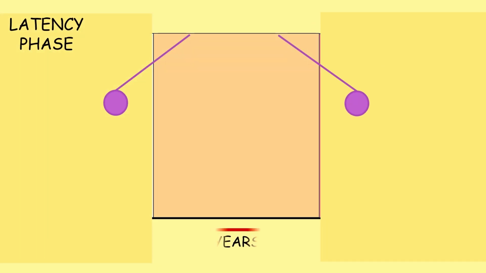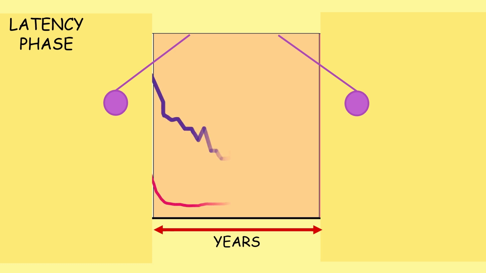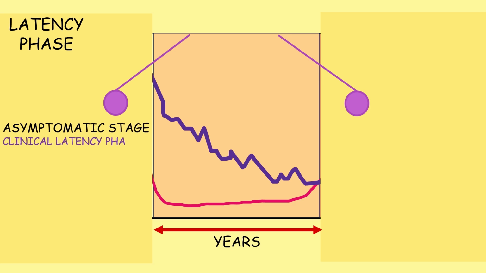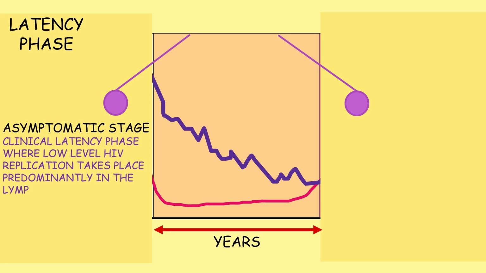Now, coming towards the second and the longest phase of this disease, that is the latency phase. The latency phase ranges over 2 to 10 years or could last longer based on the immune response and good immunity of the patient. It is divided into two stages. Firstly, the asymptomatic stage. Here, there is a clinical latency phase where low-level HIV replication takes place predominantly in the lymphoid tissue.